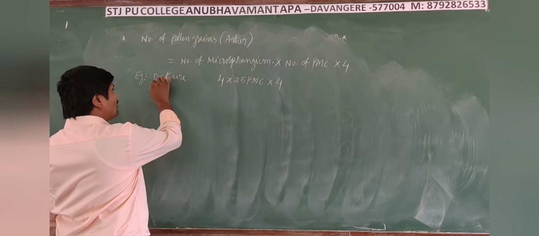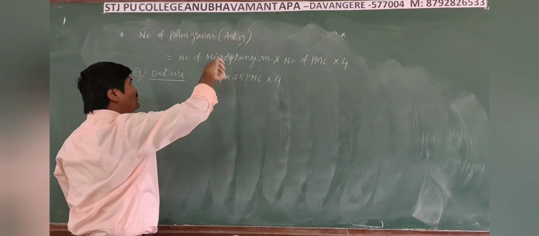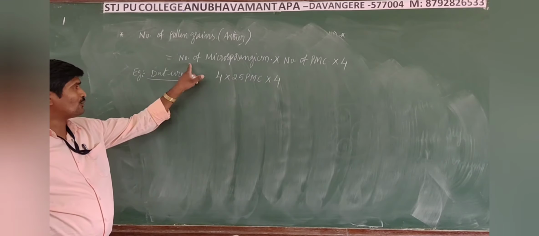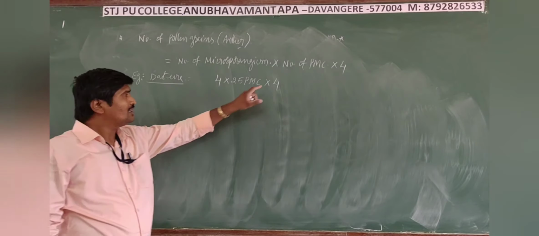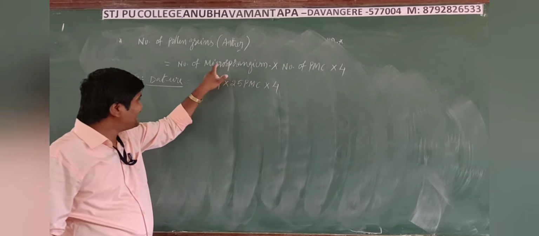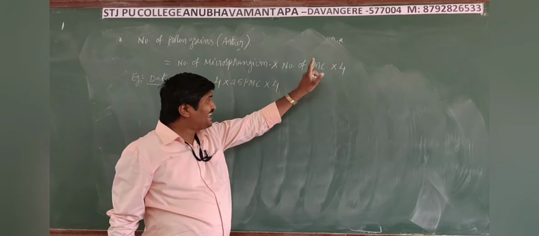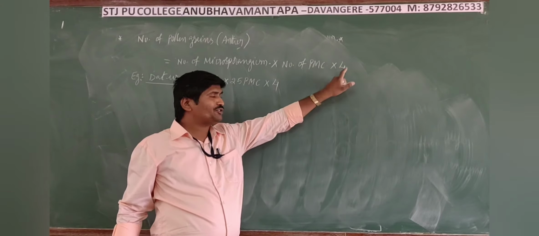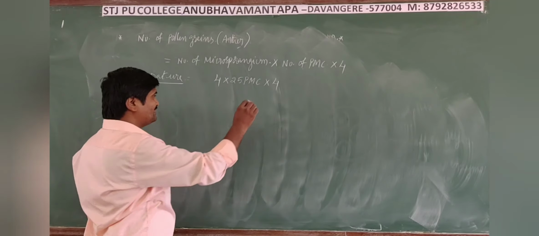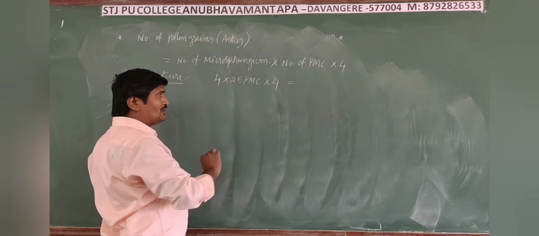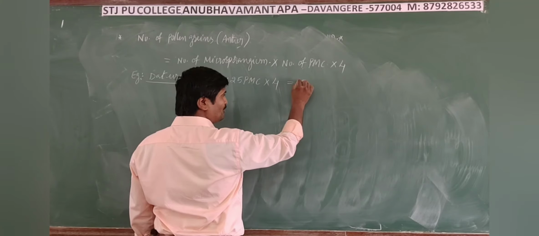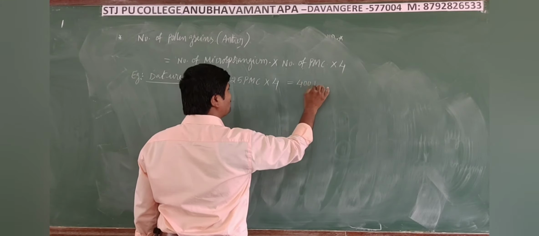So in one anther, the total number of pollen grains: 4 means the number of microsporangia in a tetrasporangiate anther, into the number of pollen mother cells in each microsporangium, and each pollen mother cell gives rise to 4 microspores. That is 4 into 25, 100 into 4, total 400 pollen grains.